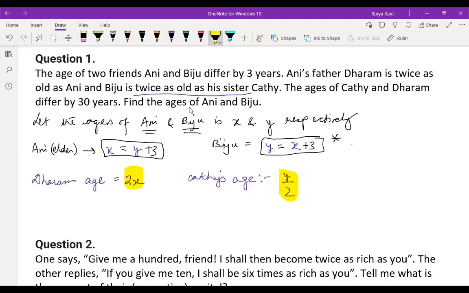Then what they have given: the ages of Kathy and Dharam differ by 30 years. So the difference between these two is 30 years. Dharam's age is more, so 2X minus Y by 2 is equal to 30.